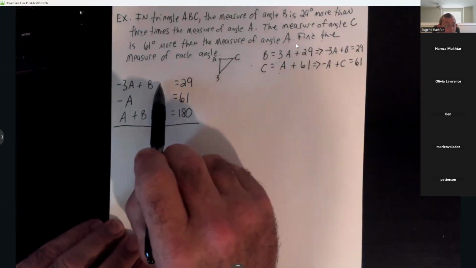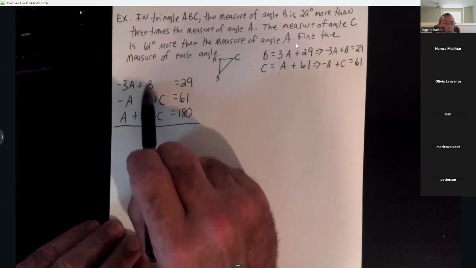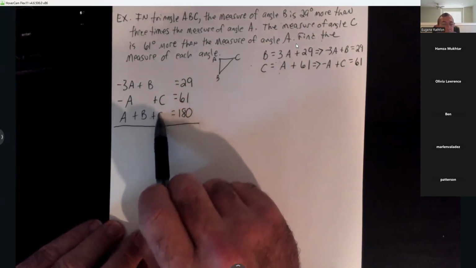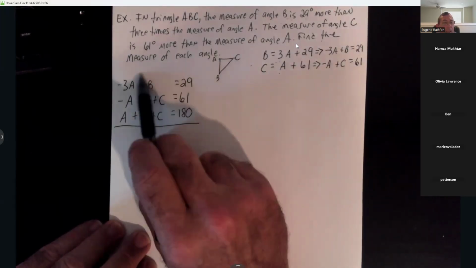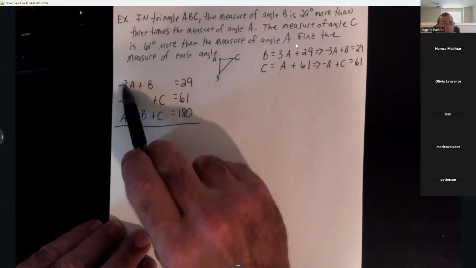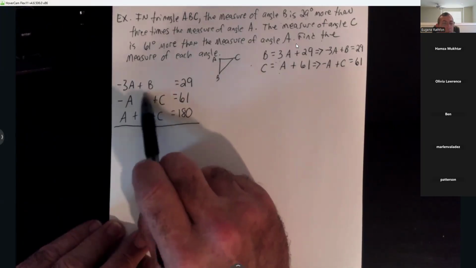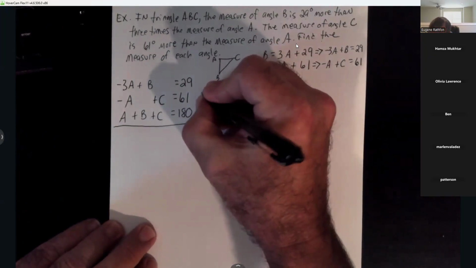These ones, when you're missing a variable like this, you want to eliminate either the B or the C. Because listen, if I add these two and eliminate the C, since this one don't have a C in it, it automatically becomes your second equation. If you eliminate the B's on this one, then the middle one automatically becomes the second equation.